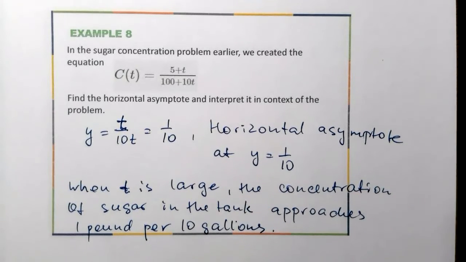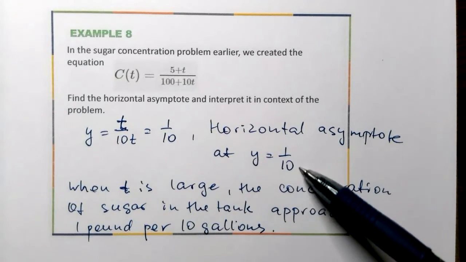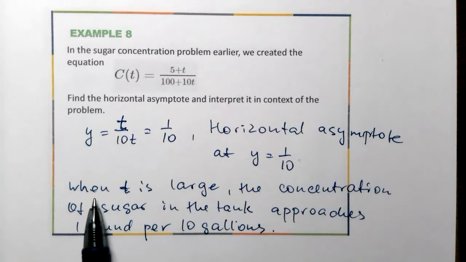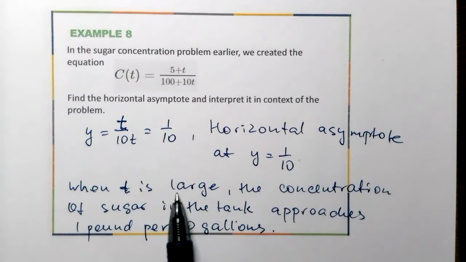Okay, so that is the meaning of this asymptote. So when t is large, basically when enough time passes, the concentration of sugar will stabilize to 1 pound per 10 gallons.